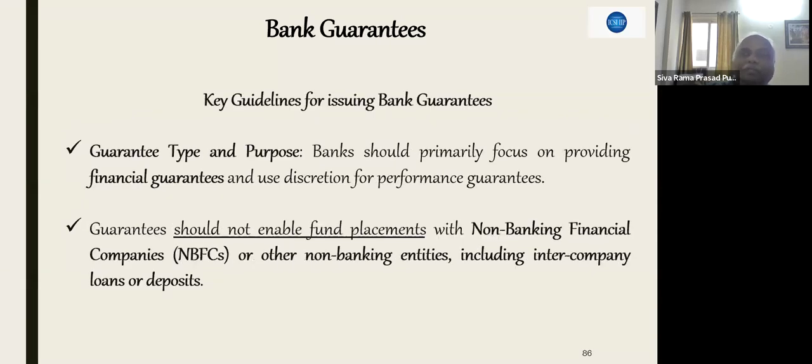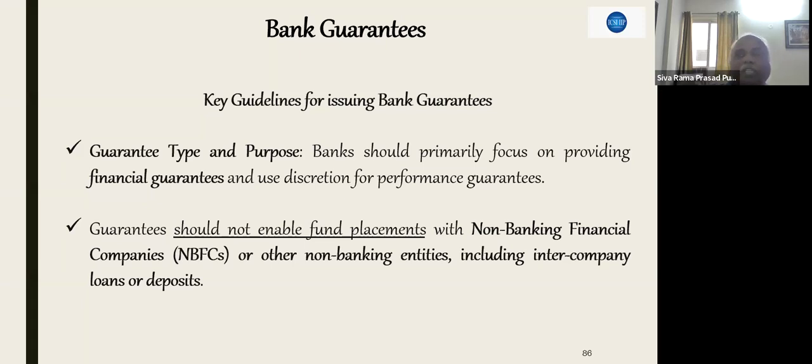The key guidelines of issuing bank guarantee. Guarantee type and purpose: banks should primarily focus on providing financial guarantees and use discretion for performance guarantees. So once the performance is converted into financial, then only they will consider.